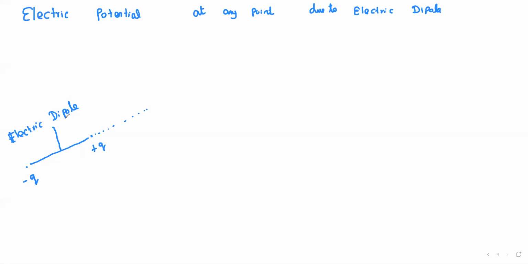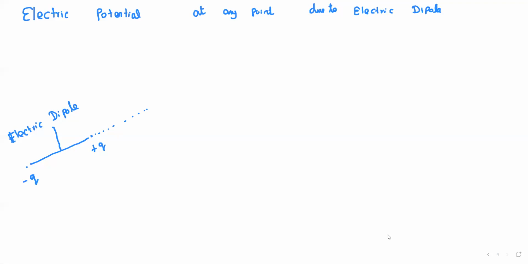We are going to take a common line, any line from an electric dipole. In that line, you have to find the electric potential. Is that clear?